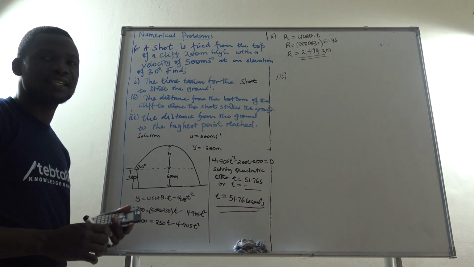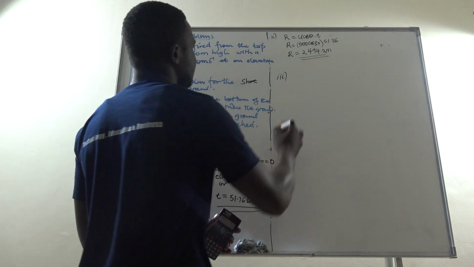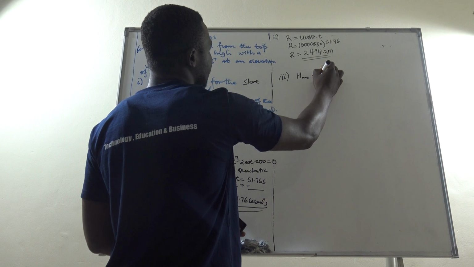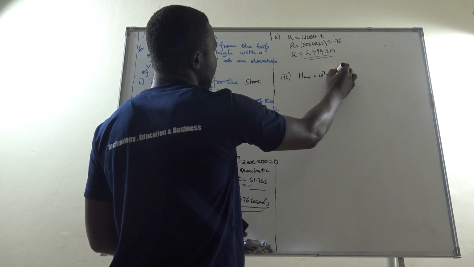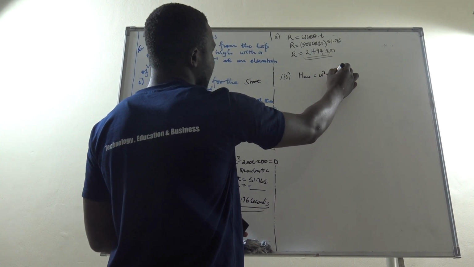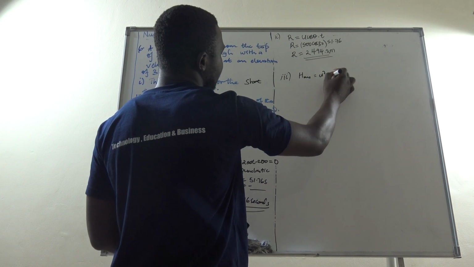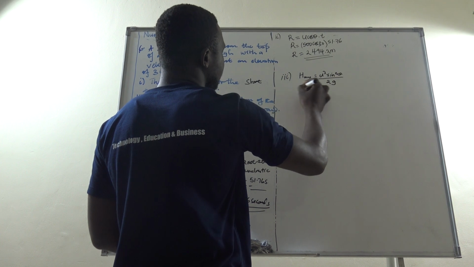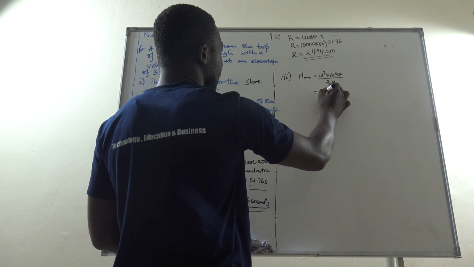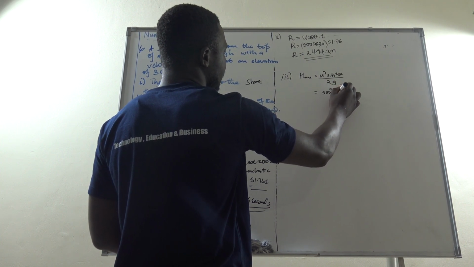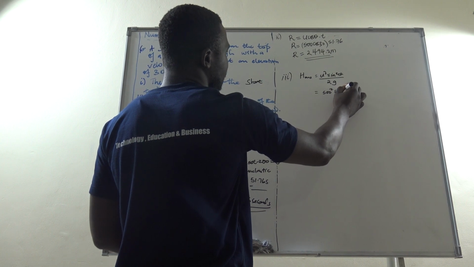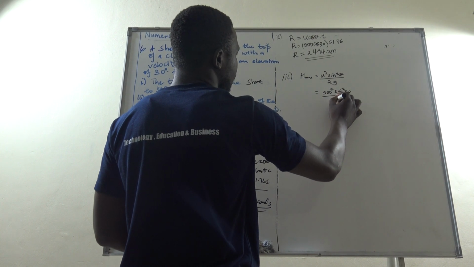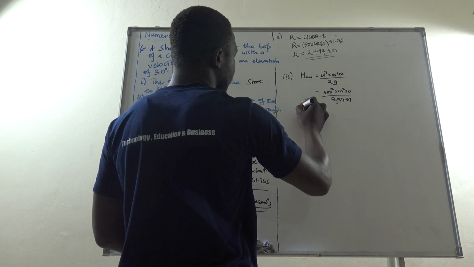This height is the maximum height, and we said that the maximum height H max was equal to u squared sine theta squared over 2g. So we substitute 500 squared sine 30 squared divided by 2 times 9.81.